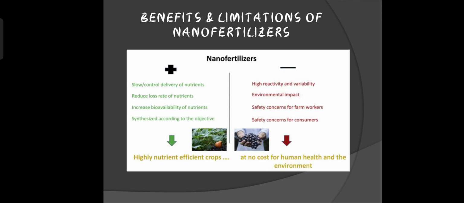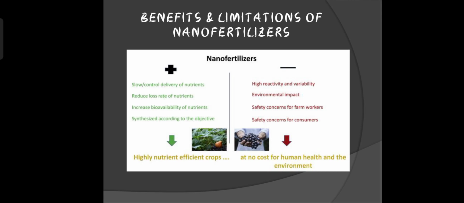On my left hand side, the benefits of the nanofertilizers, and on my right hand side, the limitations of the nanofertilizers. So first of all, benefits: slow controlled delivery of nutrients, reduced loss rate of nutrients, increased bioavailability of nutrients, synthesis according to the objectives, highly nutrient efficient crop.